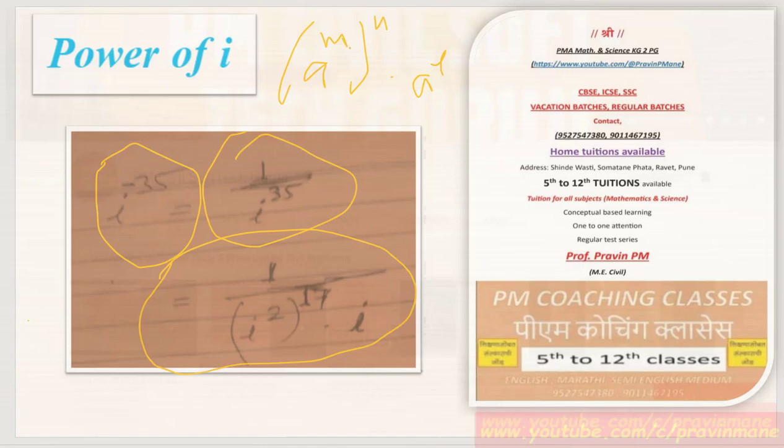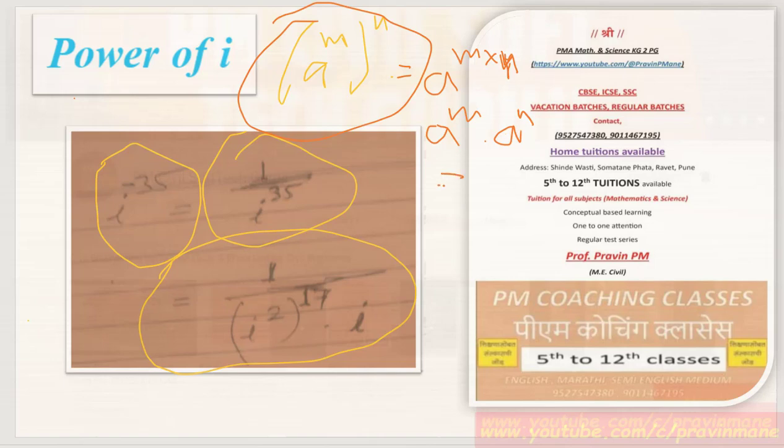And the second formula: a raised to m into a raised to n equals a raised to m plus n.